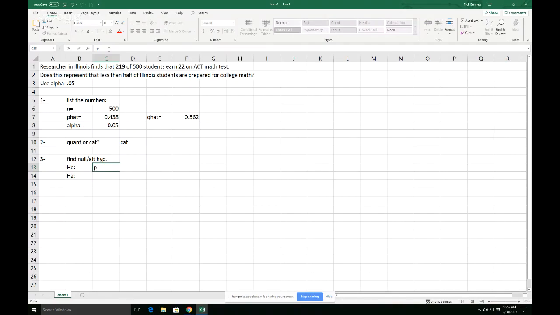But it is not mu in this case either because it's a proportion. So it's going to be p equals what? So p hat is to x bar as p is to mu. There you go! I've been trying all semester to get you guys to remember that.